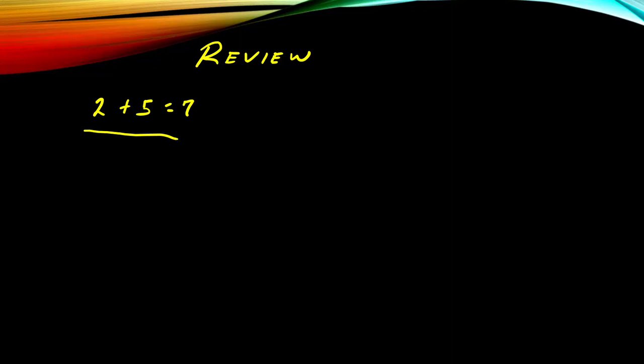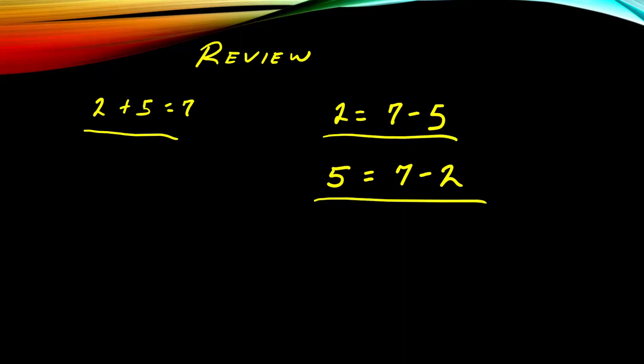We can also write that 2 equals 7 subtract 5. And we could also write 5 equals 7 subtract 2. All of these three equations are true statements, so they are equivalent expressions of the same relationship.